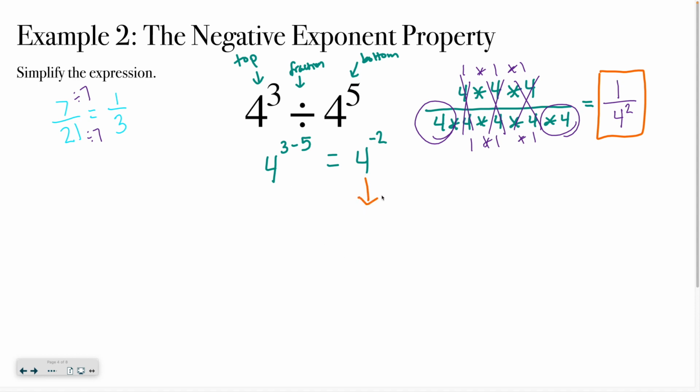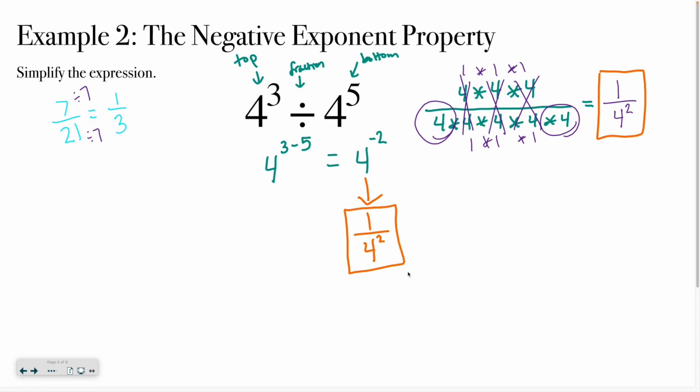So if you don't want to draw out a picture, what can you do? You can subtract your exponents. So like I started this problem, 4 raised to the 3 minus 5, that's 4 to the -2. What you do is you make it a fraction and you move it to the, in this case, bottom. So my answer would be 1/4 to the 2nd power.